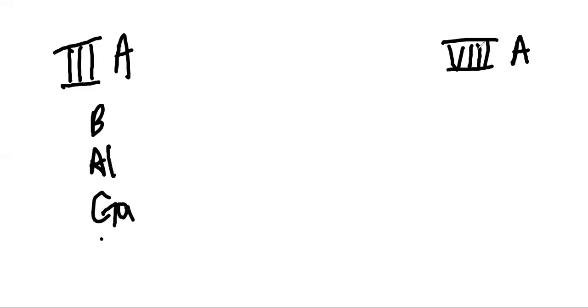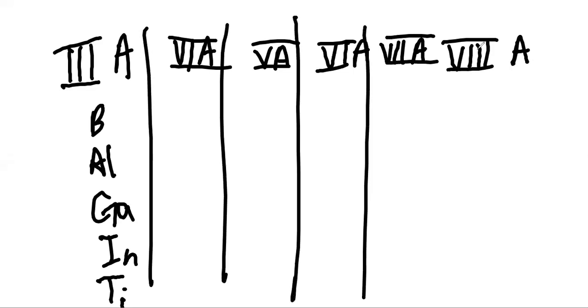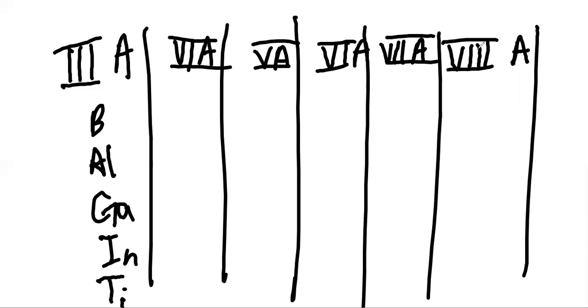Starting from group 3A to group 8A, all elements are P block elements: boron, aluminium, gallium, indium. Similarly 4A, 5A, 6A, 7A, all elements are P block elements.